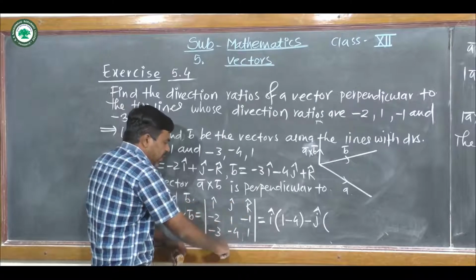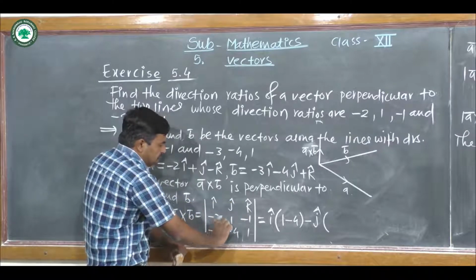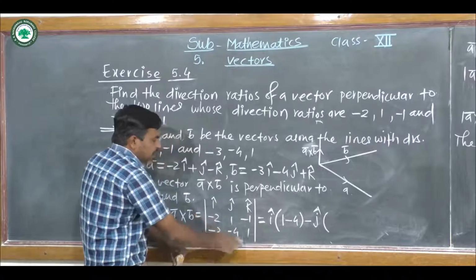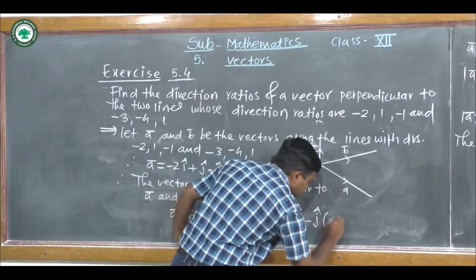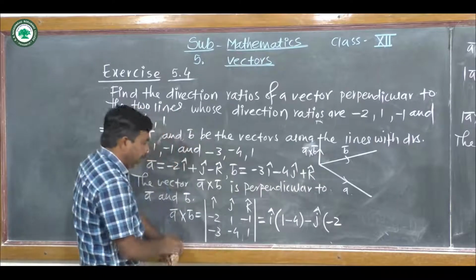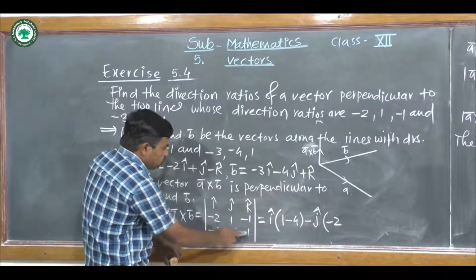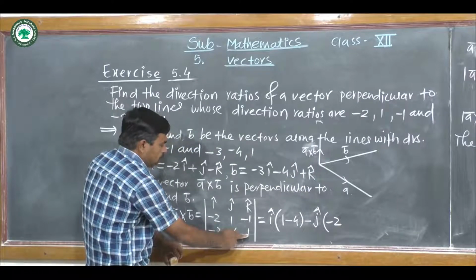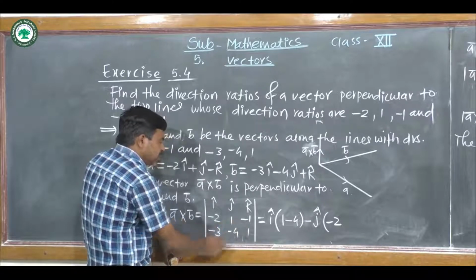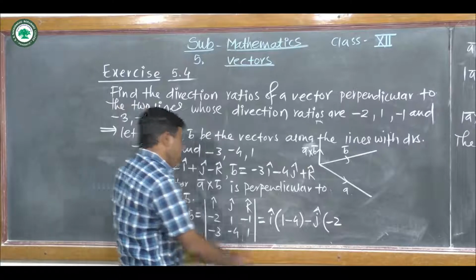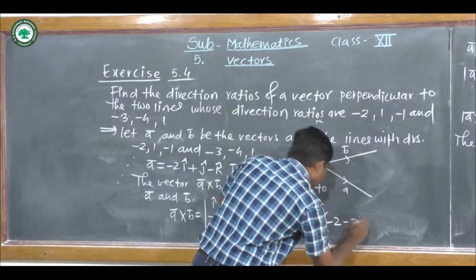The remaining 4 elements give the determinant -2 into 1, -2, minus -3 into -1 plus 3, so it is -2 -3.